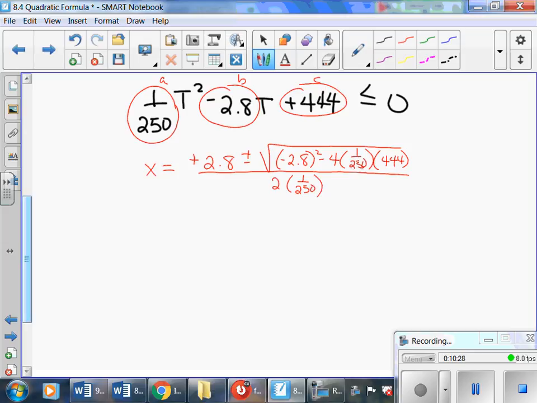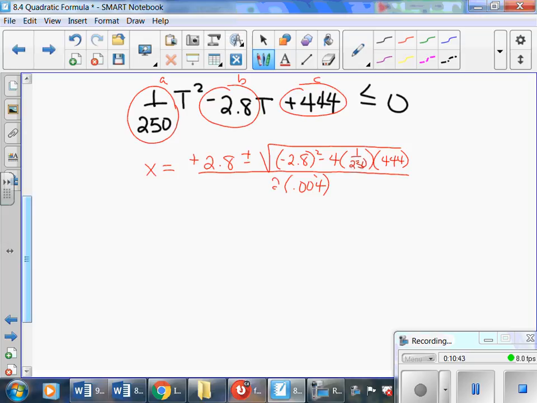Now, if you don't like to write that 1 over 250, you can replace that with 0.004. Some people don't like to deal with fractions. I'm actually one of them.